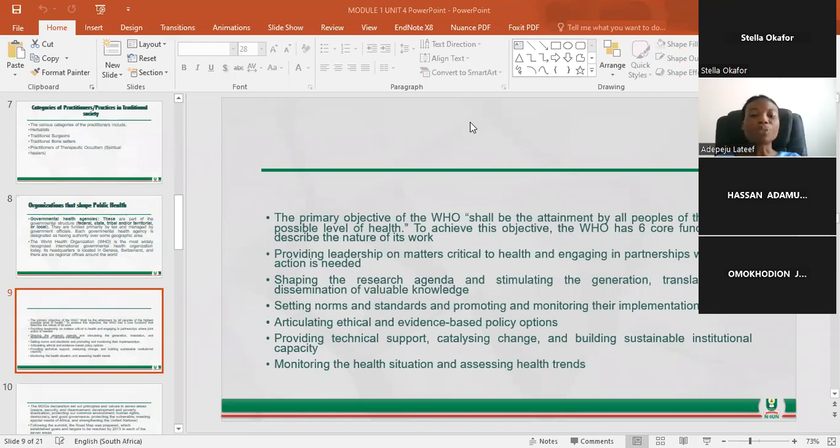They also shape the research agenda. They also stimulate the generation, translation and dissemination of valuable knowledge. Not only that, they also monitor the health situation. Next.